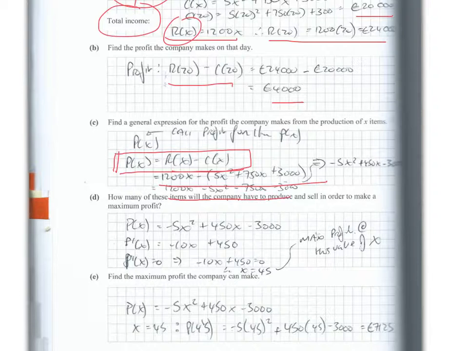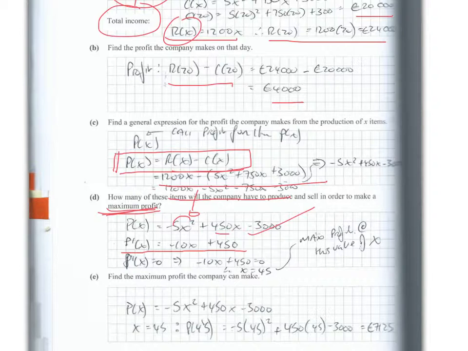Okay. So the next question is, how many of these items will the company have to produce in order to make a maximum profit? So when we're talking about differentiation and maximum profits, then we find the first derivative of this. Okay, so our first derivative, P dash x, looks like 2 by minus 5 is minus 10x plus 450.